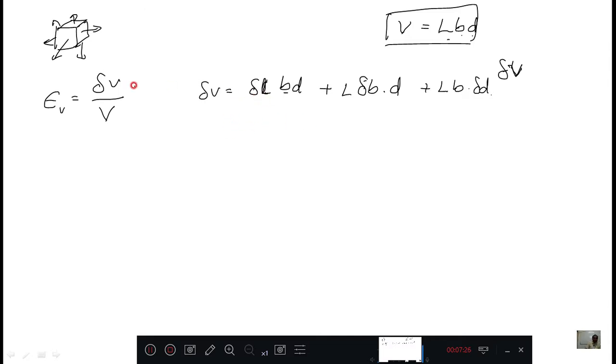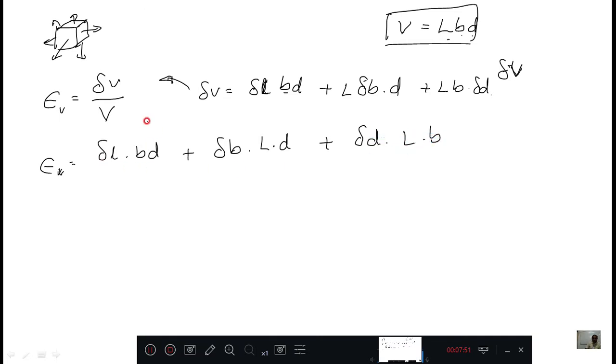If I write this into this equation, what happens, we'll see. Epsilon V equals change in volume, that is, delta L times BD plus delta B times LD plus delta D times LB, whole divided by V. Whole divided by V means what?